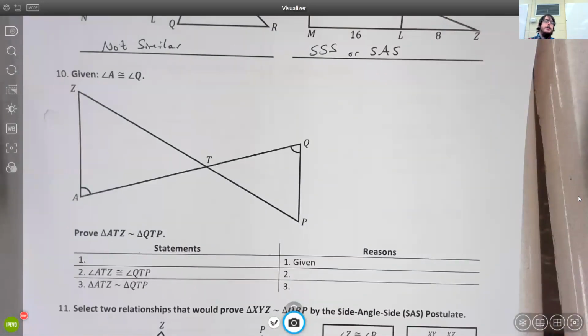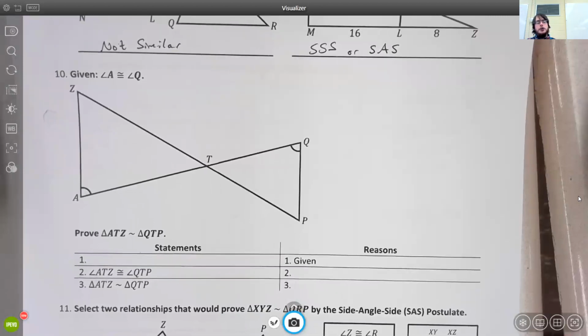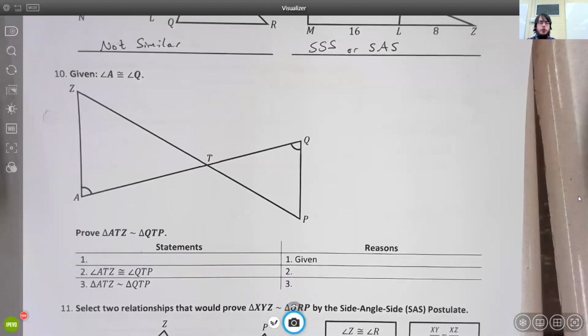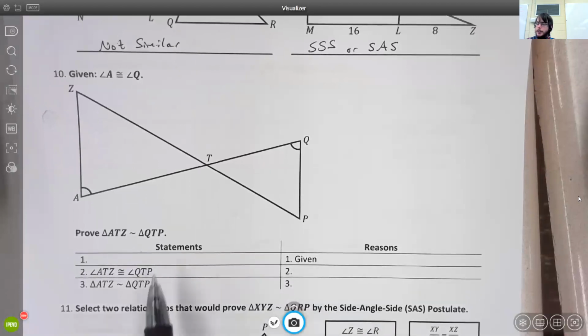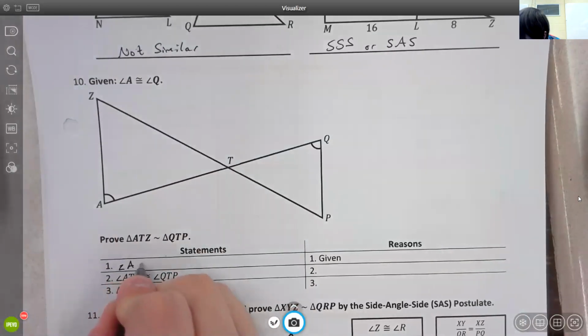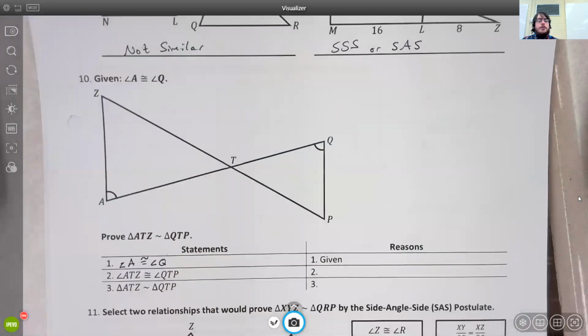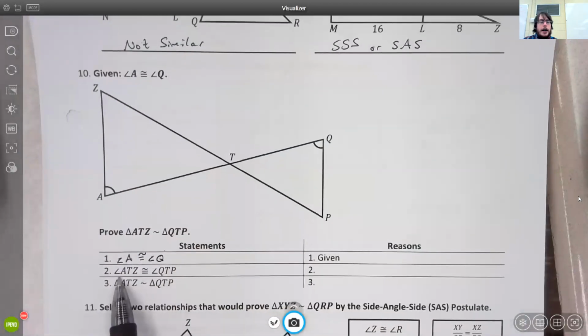Number 10 says, given angle A is congruent to angle Q, prove that the two triangles are similar. So we're writing a proof here, and it says the first reason is given, and in our problem statement, it gives us that angle A is congruent to angle Q. Our next statement says angle ATZ is congruent to angle QTP.